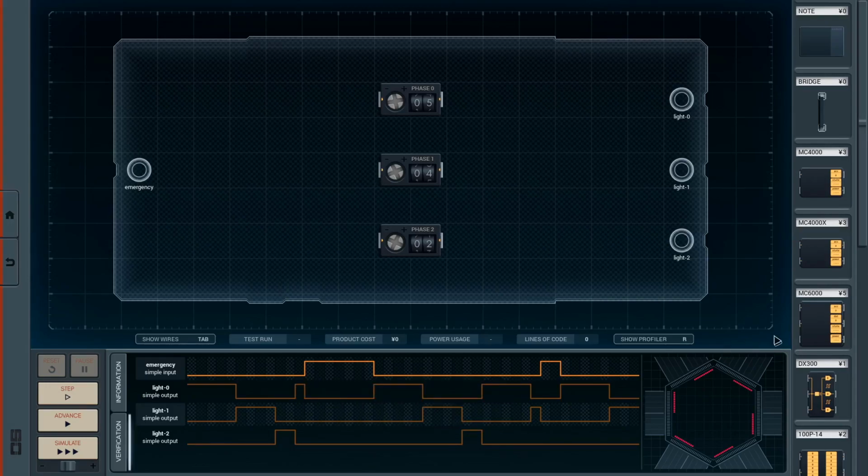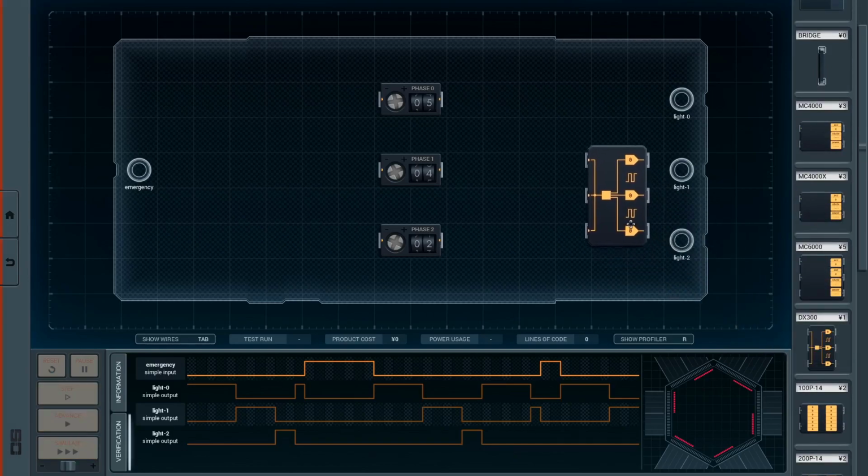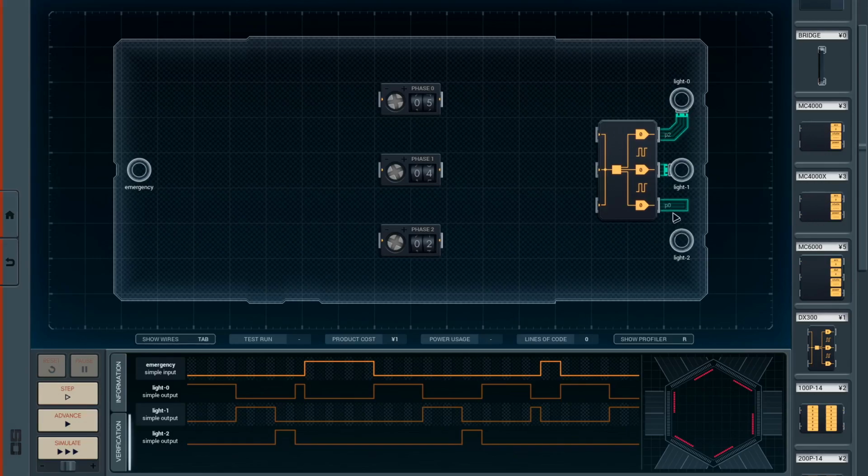These are simple outputs. This is a pretty strong case for DX300, because it's just 3 exact values to output to that. So 1, 10, and 100. Durations are set by these.